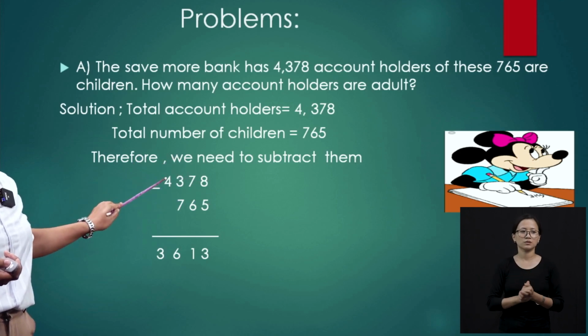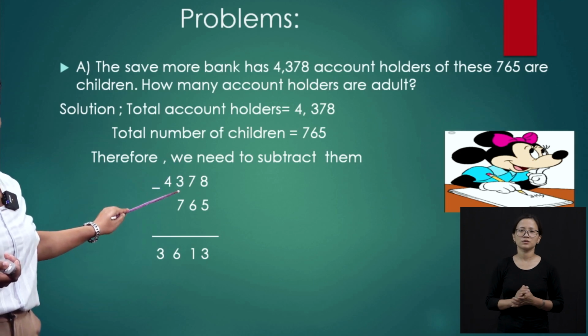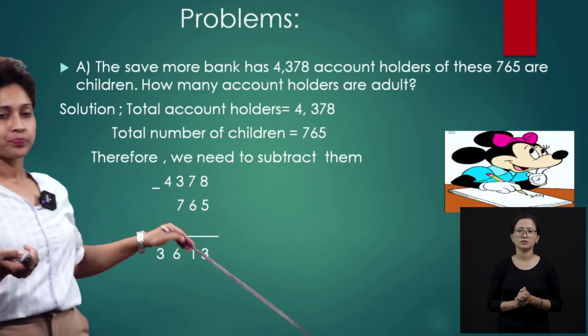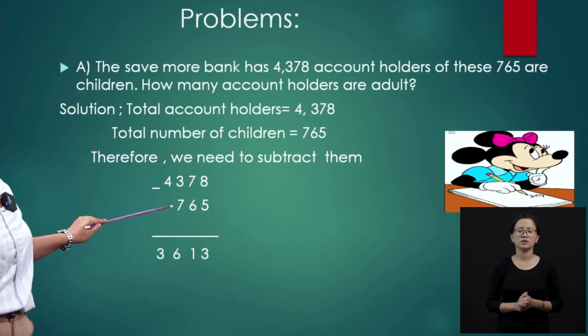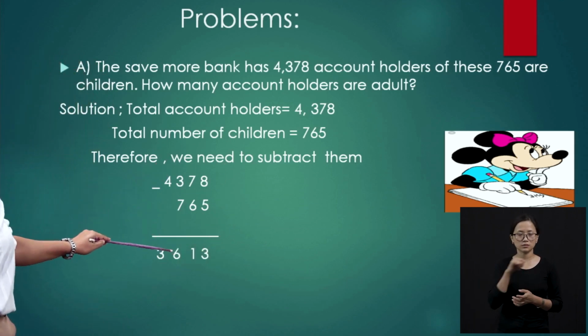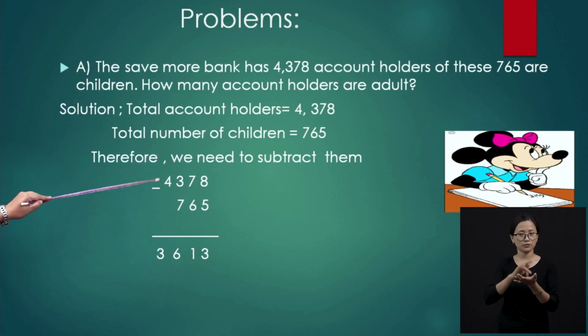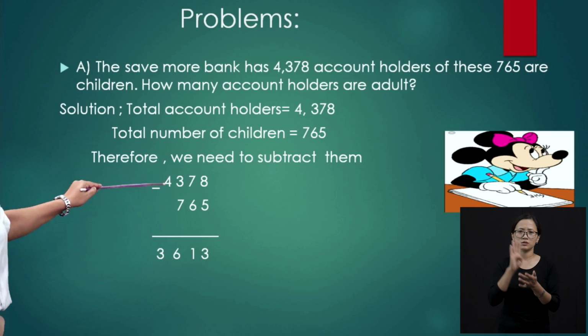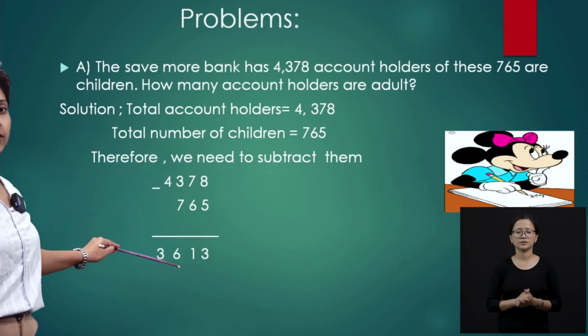Okay, so from here you need to borrow and then it will become 13. So now when you minus 7 from 13, you will get 6, right? Then since you took a borrow from here, before it was 4, now it will become how much, children? It will become 3, right?